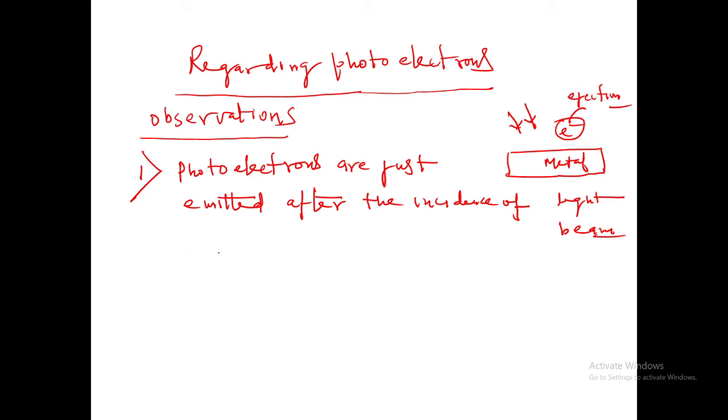Almost no time lag. That is, it is an instantaneous process.